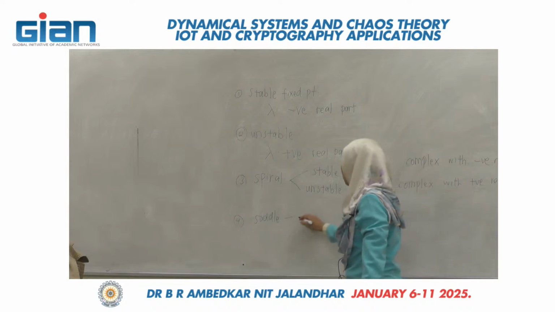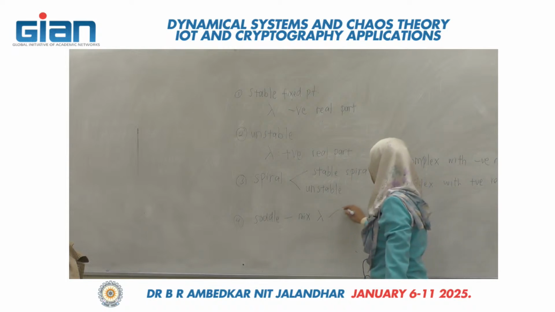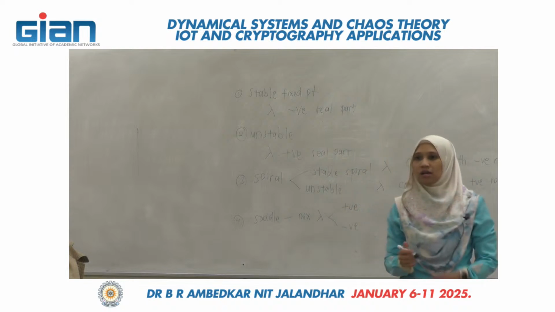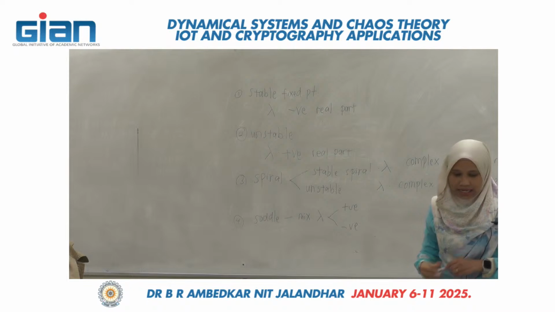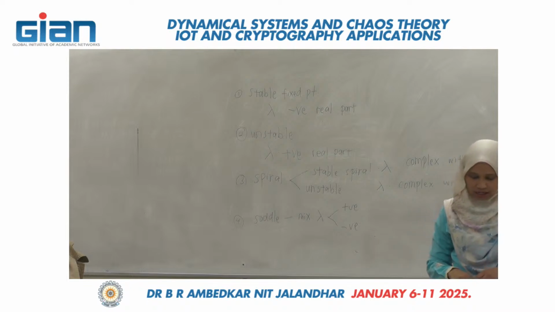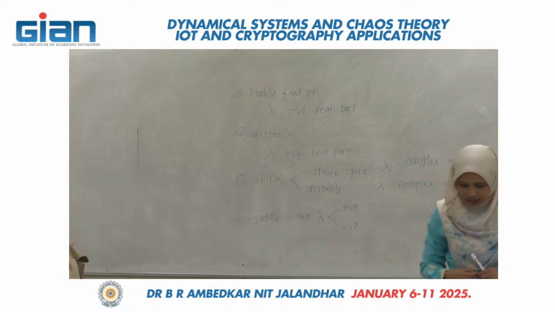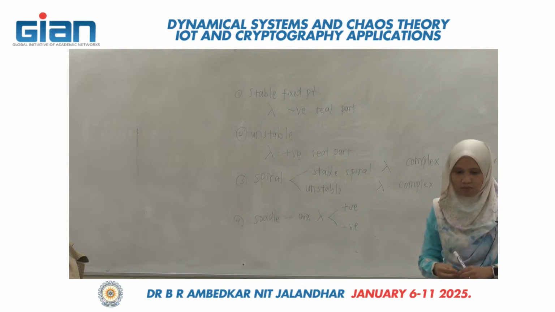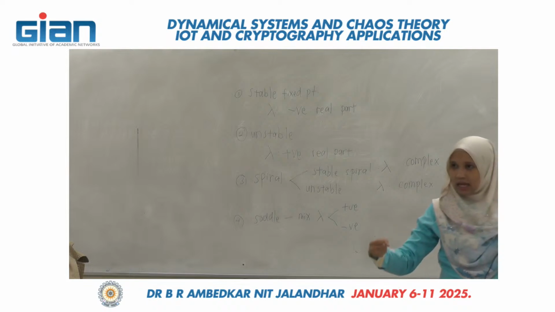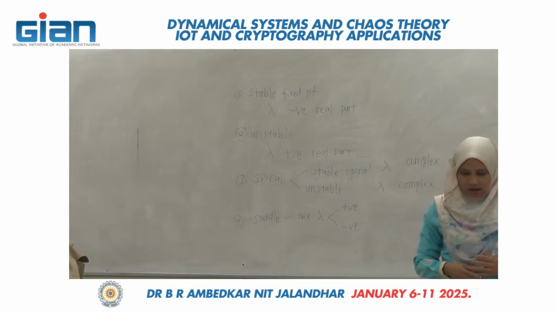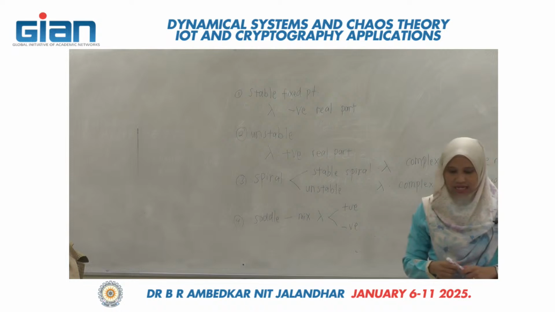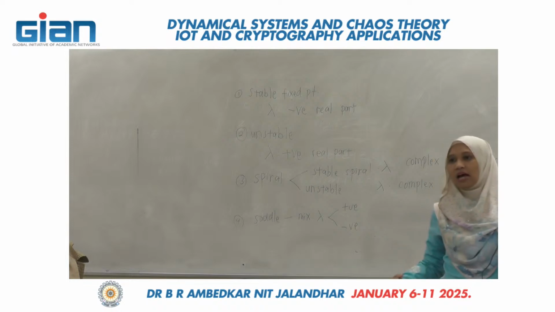So saddle point means that we have mixed eigenvalues. We have positive and negative real part in the system. In these trajectories, the fixed point along the stable direction for the negative will be stable and converge, but it will diverge along the unstable direction for positive eigenvalues.